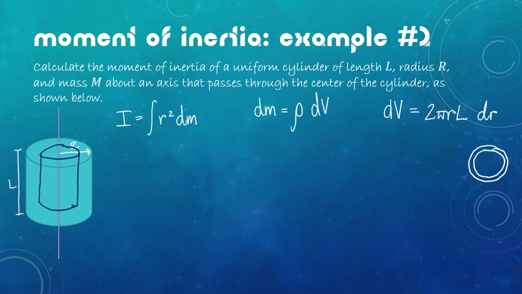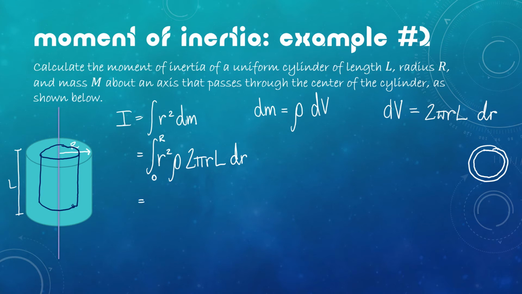So I'm going to use that in my expression here. I have the integral of r squared times rho times 2 pi r L dr in this case. The smallest my radius of my cylinder could be is 0. The largest my radius could be is capital R. So those are my limits on my integral.